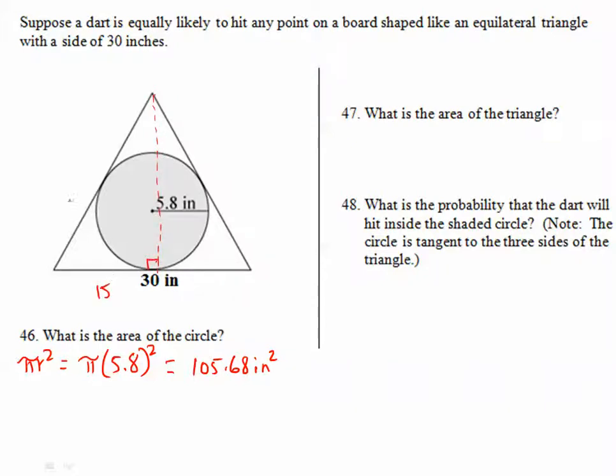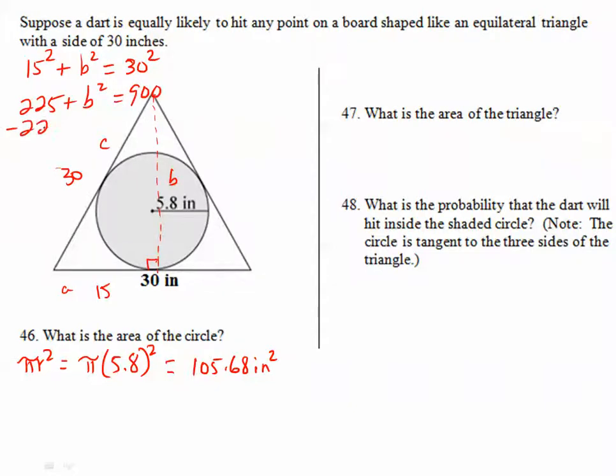So this becomes 15 and this is 30. So to find my height, I have to do a squared plus b squared equals c squared. So a is 15 squared plus b squared equals c squared, which is 30 squared. So 15 squared is 225 plus b squared equals 900 because that's what 30 squared is.